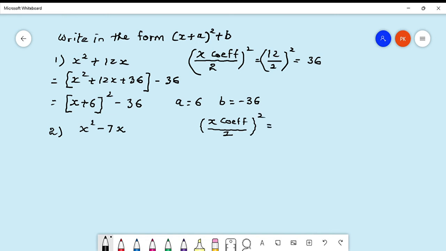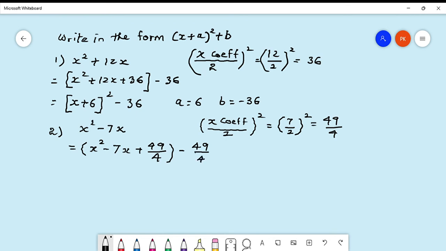So x coefficient is 7. 7 divided by 2 square, that is 49 upon 4. So to make complete square of this expression, I will add 49 upon 4, and to balance, I'll subtract 49 upon 4.